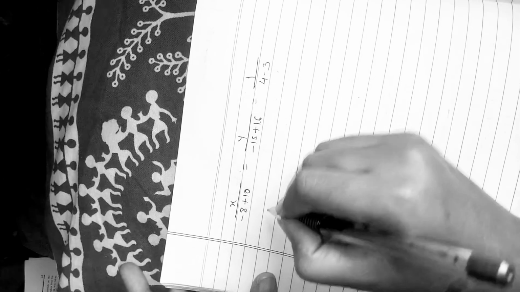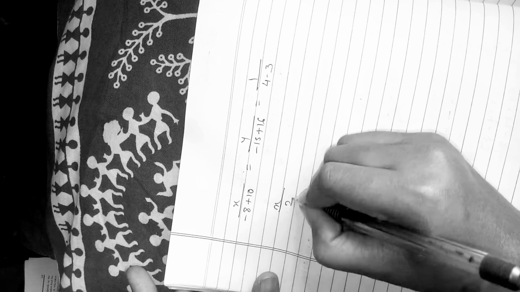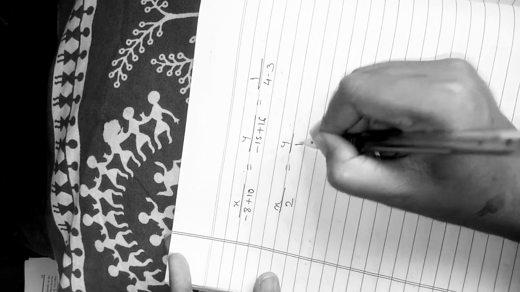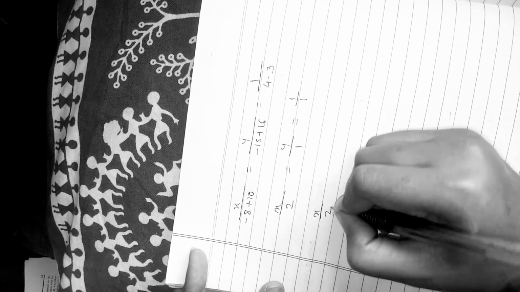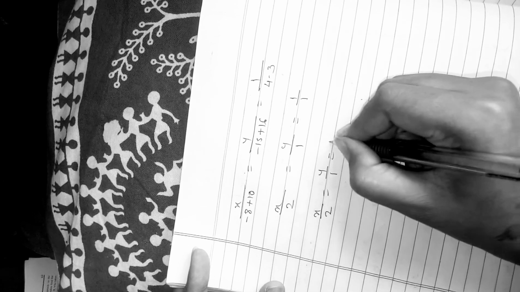So x over 2, y over 1, and here 1 over 1. So x over 2 is equal to y over 1 is equal to 1.